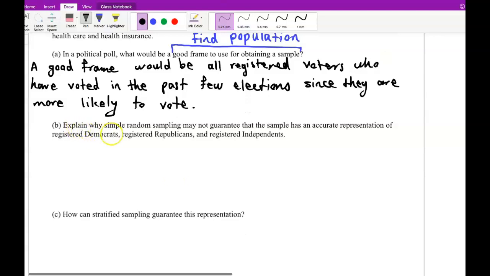And part B, explain why simple random sampling might not guarantee that the sample has an accurate representation of registered Democrats, registered Republicans, and registered Independents. So why this simple random sampling may not guarantee?